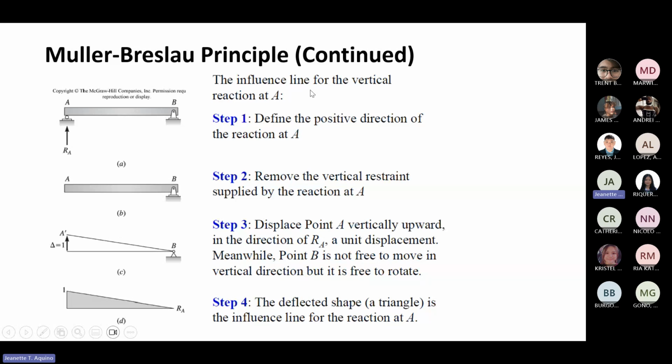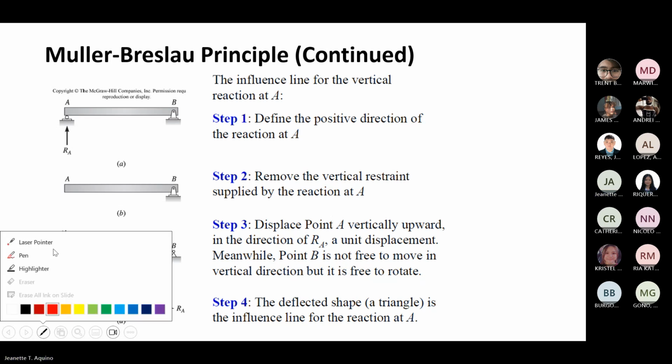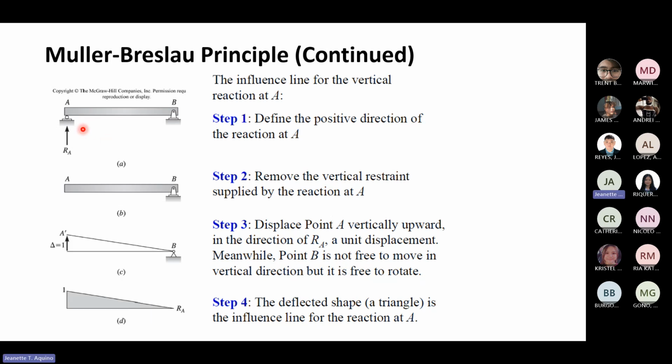For the influence line for the vertical reaction at A, first define the positive direction of the reaction at A, so RA is upward.